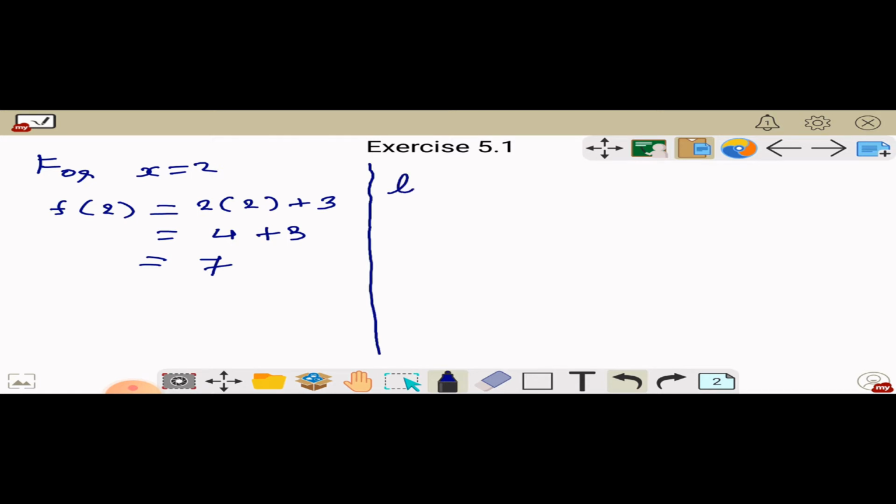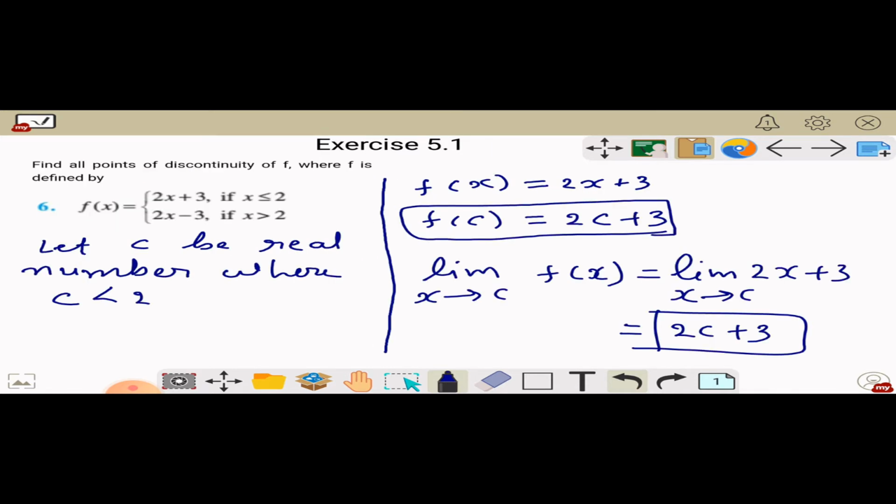So limit x tends to 2 minus, we have f of x is equal to limit x tends to 2 minus. Now for all the points which are less than 2, we have the function 2x plus 3.